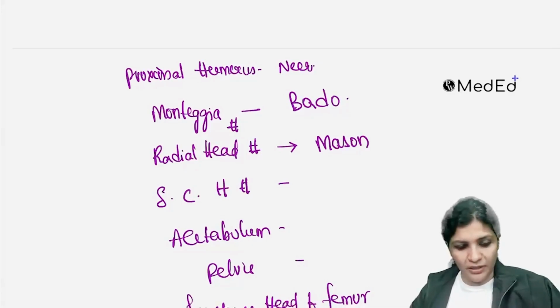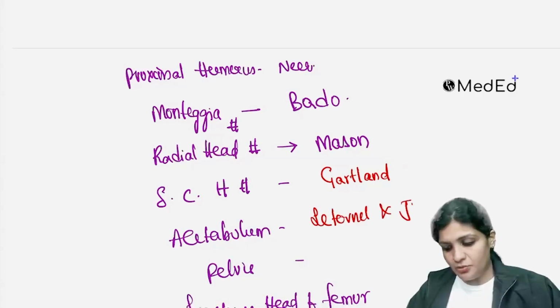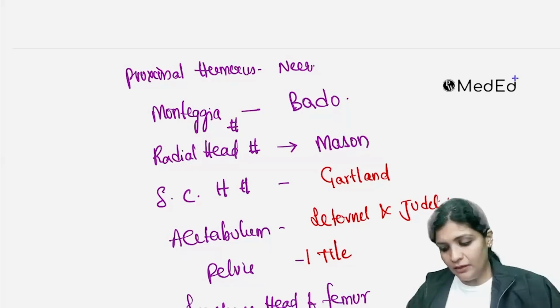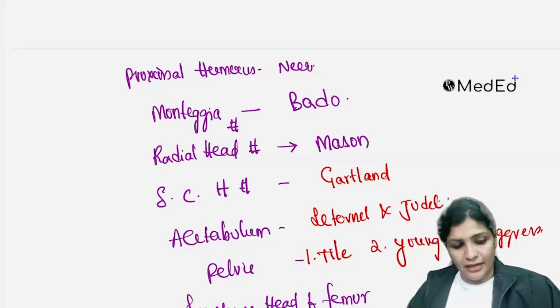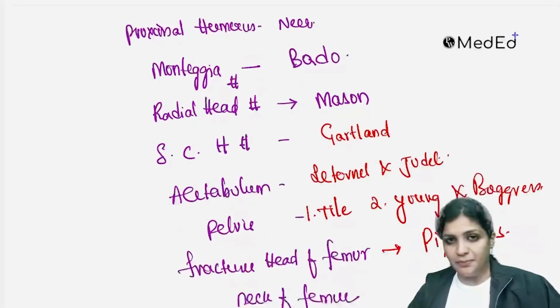Then supracondylar humerus fracture: Gartland. It is very important. Then acetabulum, Letournel and Judet. Pelvis, Tile is one. The second one is Young and Burgess classification. Right? And then femoral head fracture is Pipkin. Please read it carefully. Head is Pipkin, right?